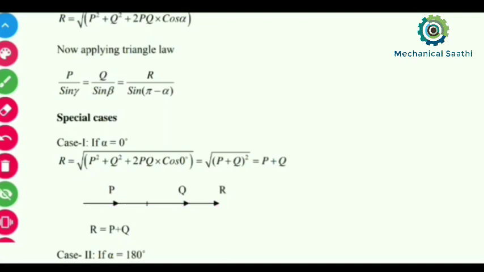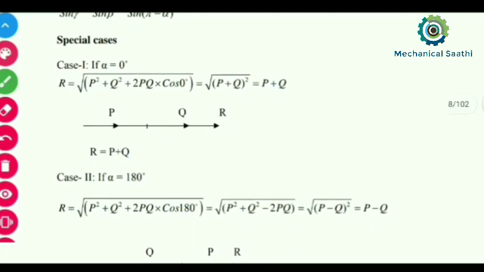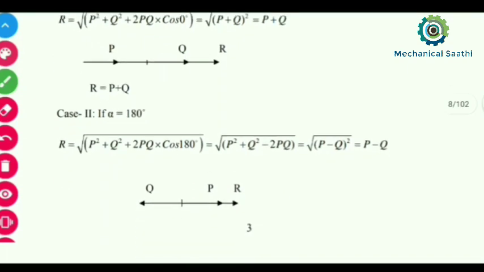Then let us try another case where alpha is 180. In this case, the forces are acting in opposite directions. So this is the angle alpha, this is 180.